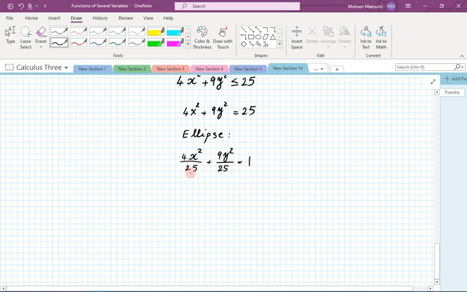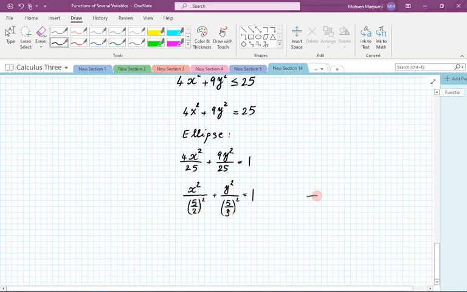Make it more standard, I bring the numerator into the denominator and write it as x squared over 25 fourths, which is 5 halves squared, and then y squared over 25 ninths, which is 5 thirds squared, is equal to 1. If you remember, these are called semi-major and semi-minor axis of your ellipse.